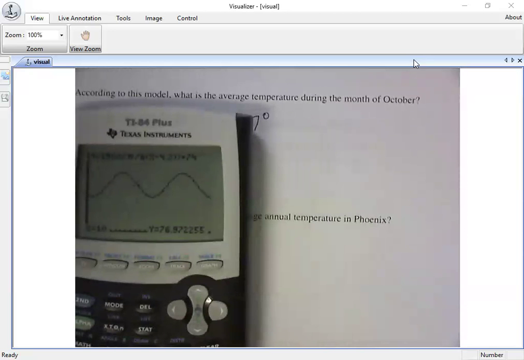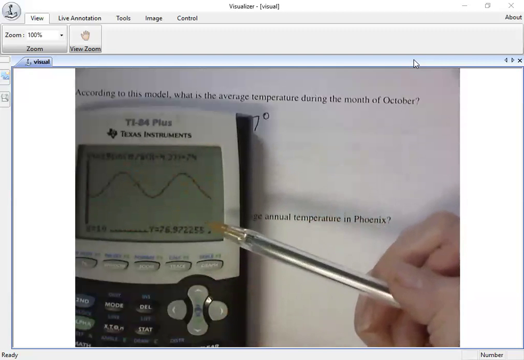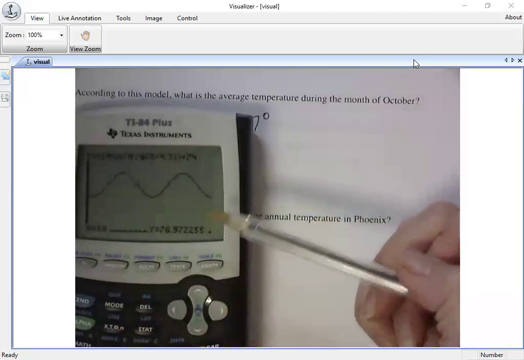All right, and then the last question says, what would be an approximation for the average annual temperature in Phoenix? Now, how would I get an average annual temperature? This thing is pretty much bouncing back and forth evenly between a high and a low.